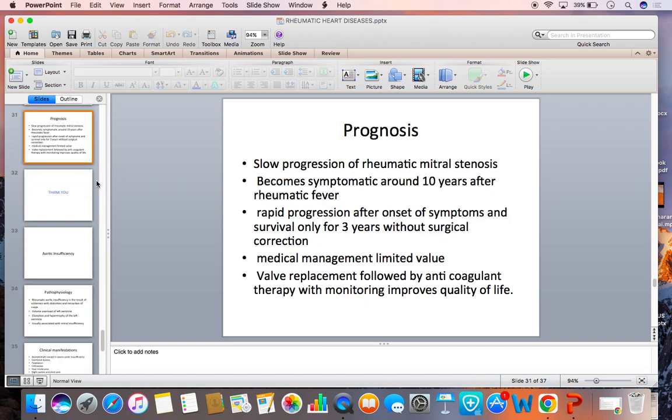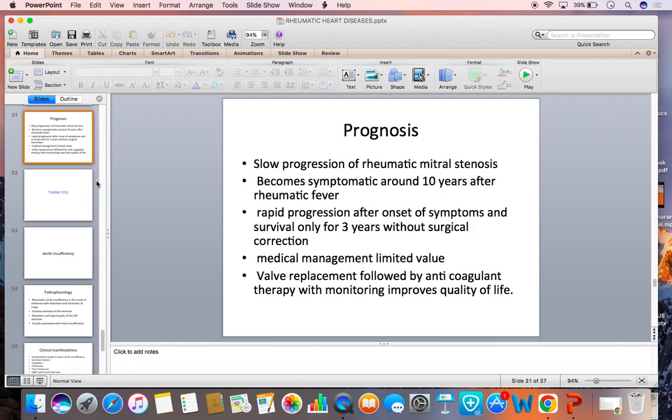Before that, I'll make a point about prognosis. Though rheumatic fever is the commonest cause of mitral stenosis, progression occurs very slowly if there is no recurrence of rheumatic endocarditis, but it becomes symptomatic around 10 years after the rheumatic fever.